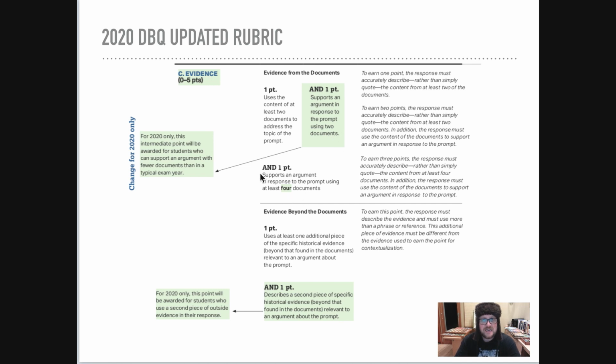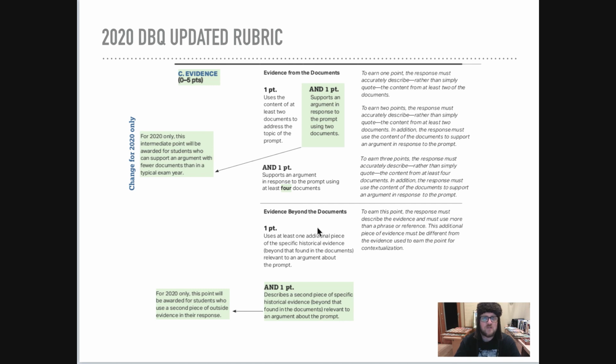Also, you get a second point if you use 4 documents. So if you use 4 different documents on this test, all but 1, you get a second point. And this was basically the same as last year. Last year and the previous years, you had to use 6 of the 7 documents, and this year you have to use 4 of the 5 documents. But they're adding another point right here if you use 2 documents to support your prompt and your argumentation. So that's a new one.